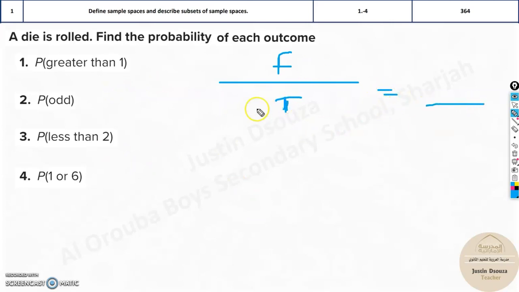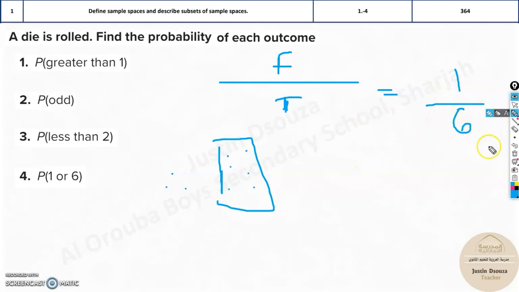That is 6 possibilities. There are 6 sides, 6 faces, so 6. Now I want this exact number 6, otherwise I'm not going to win. So that means there is only one side with a 6 on it, right? So that is only one favorable possibility. So 1, but there are totally 6. There is 1, 2, 3, 4, 5, 6 faces. So this would be 1 by 6.